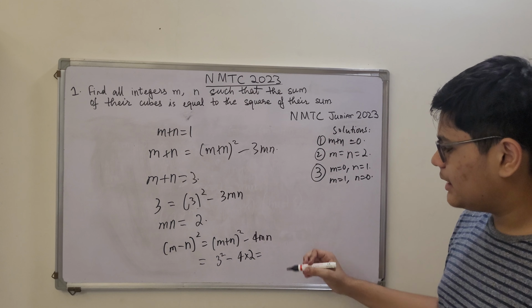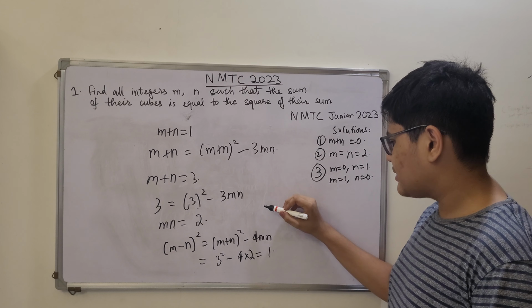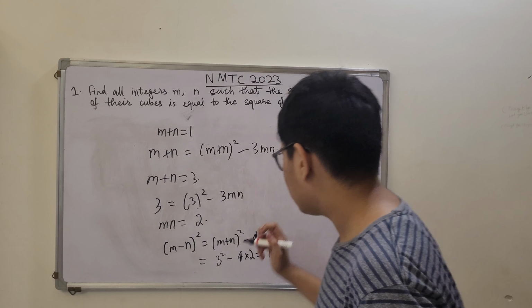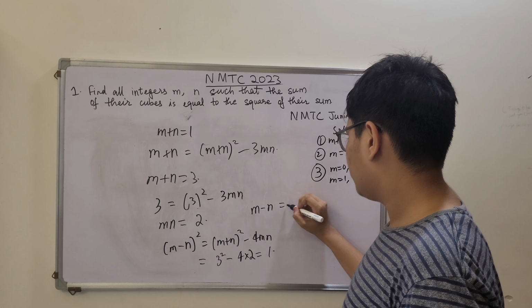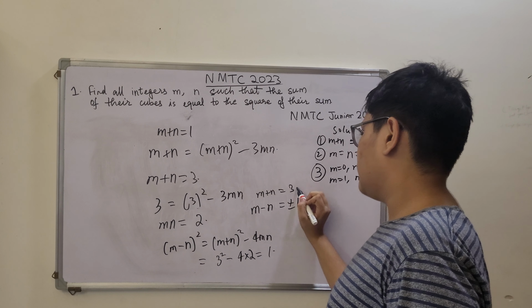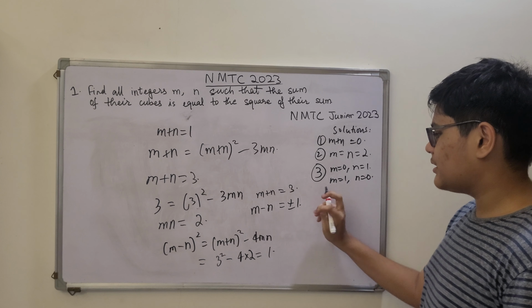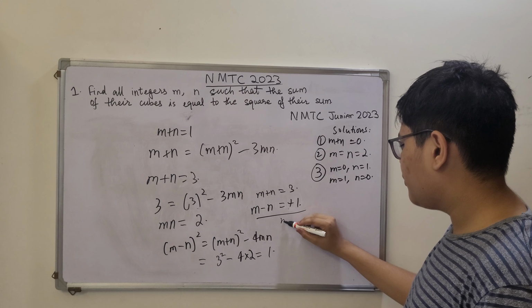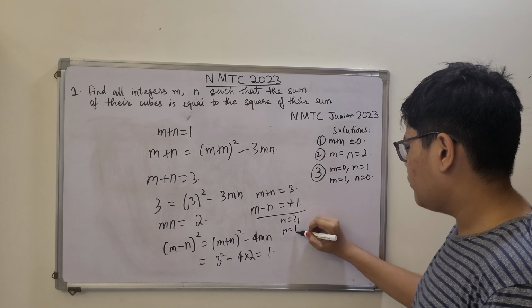So 9 minus 8 will give 1. So m minus n is basically plus or minus 1. And m plus n equals 3. If you just take m minus n equal to 1 for the time being, then when we add them, you'll get m equal to 2 and n equal to 1.